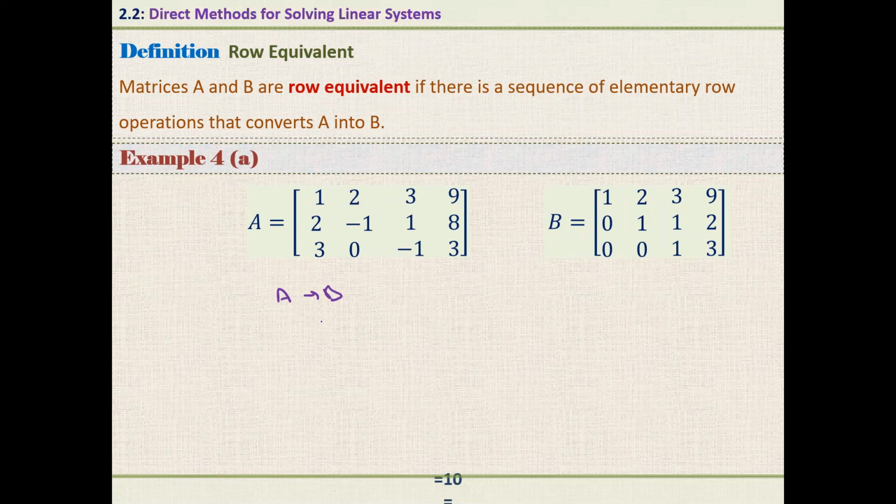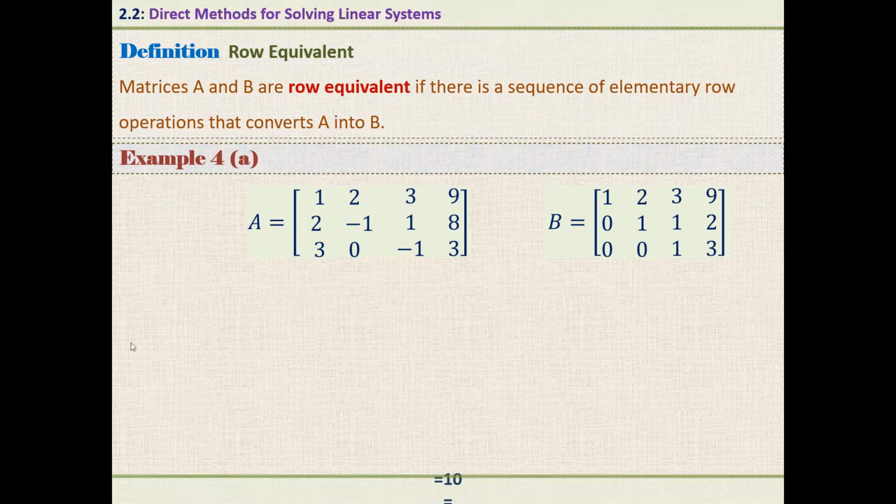All right. For this matrix A, for example, can we, using some elementary row operations, convert it into this matrix B? To do this, we should start from here.